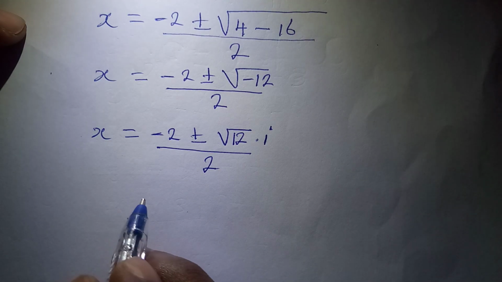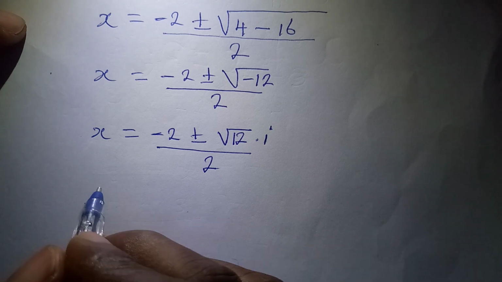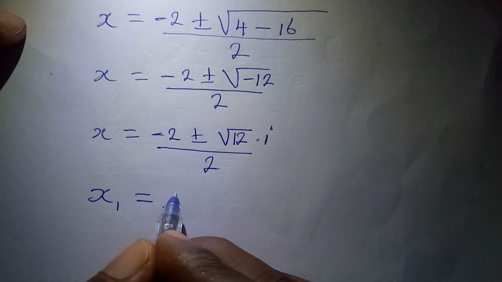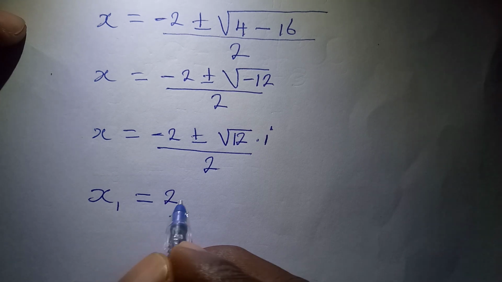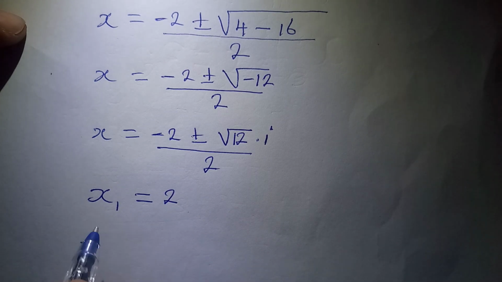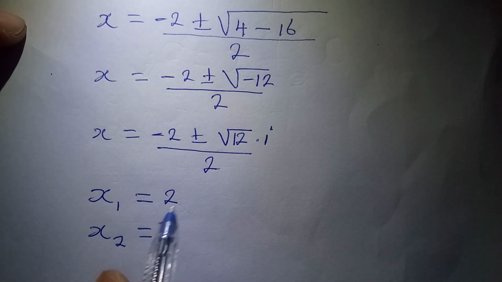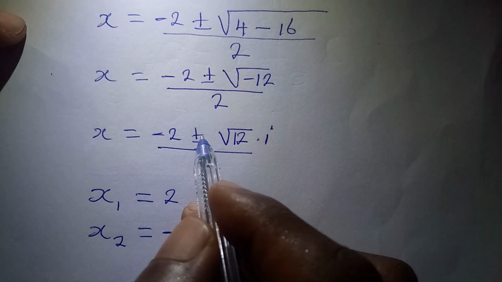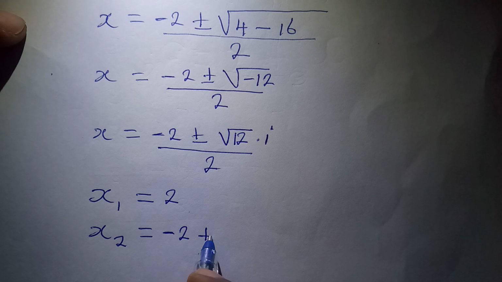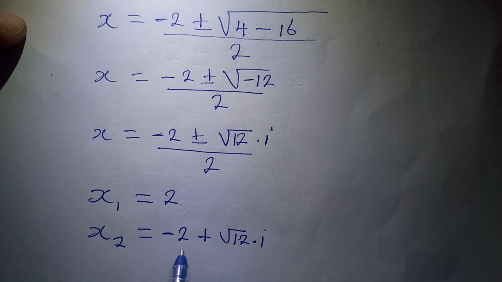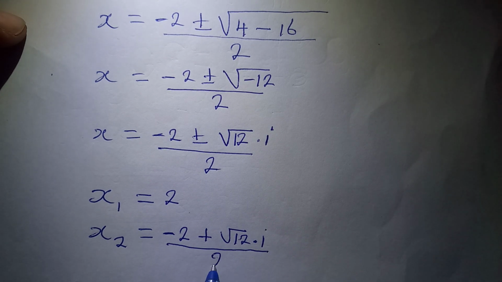Okay, so now let's get the 3 roots of this equation. The first root is x1, and that's what we got before, equal to 2. This is one of the roots. Now the second root will be x2, which will be equal to what we have here. We have minus 2, but this time I'm picking positive first. Then I have square root of 12 multiplied by i, and this is over 2.